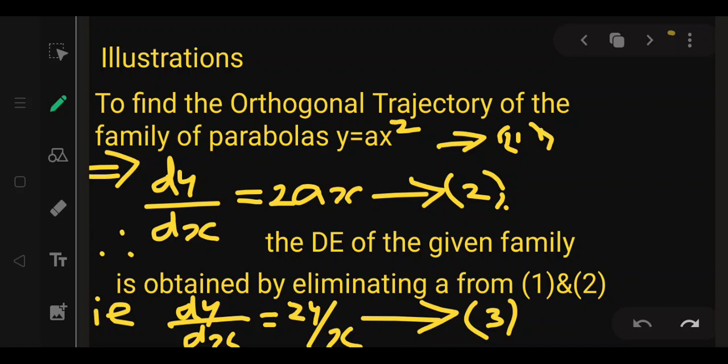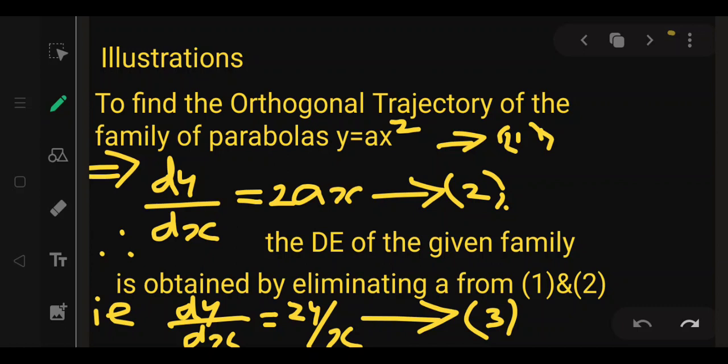Differentiating equation 1 with respect to x, we will get dy by dx is equal to 2ax. Call it equation 2. Now, by eliminating the arbitrary constant a from equation 1 and equation 2, we will get the differential equation of the given family.